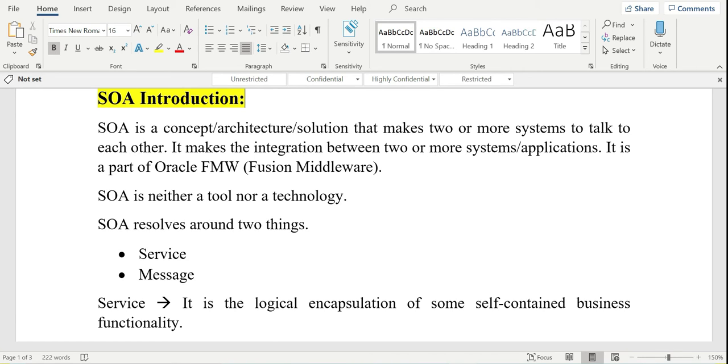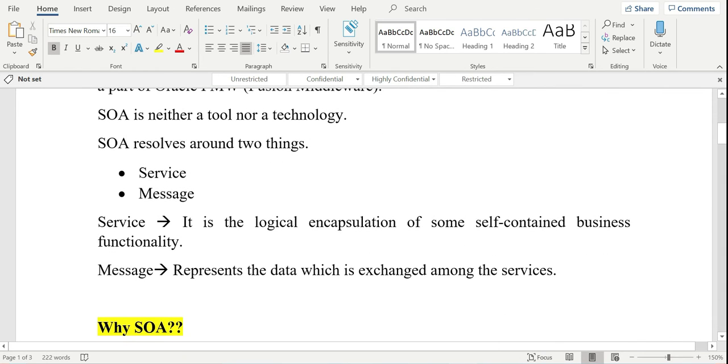Suppose we are integrating an application with a system, SOA will interpret it as a service. And another thing that SOA revolves around is the message. The message is the data that is exchanged among the services in SOA.